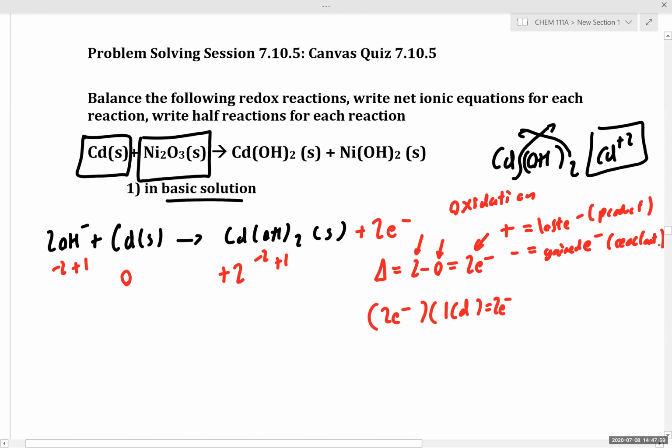If we're gaining electrons, the electrons are on the reactant side. Does that make sense?